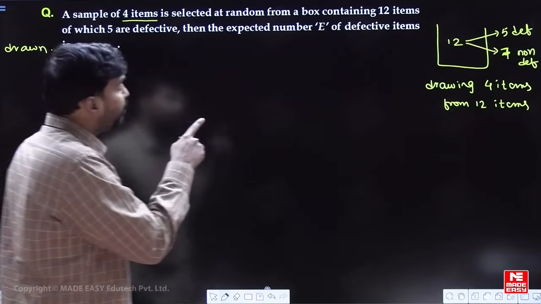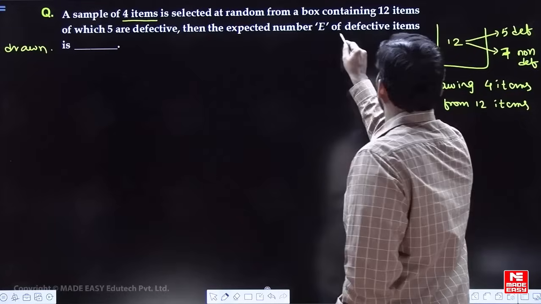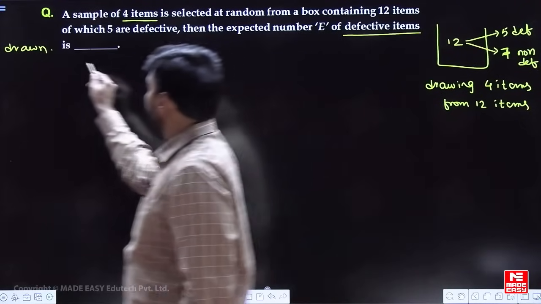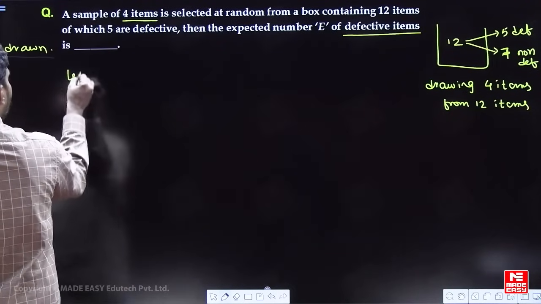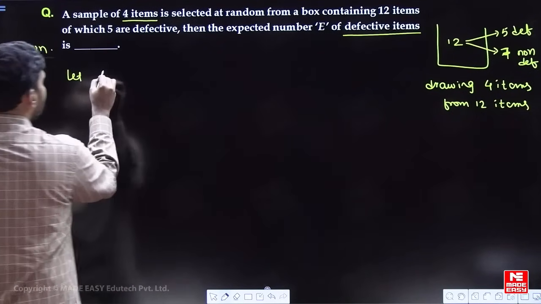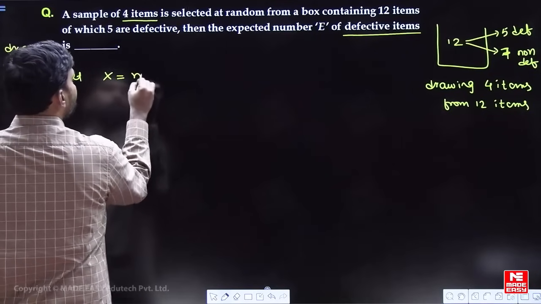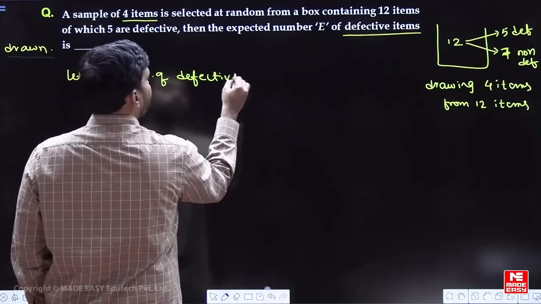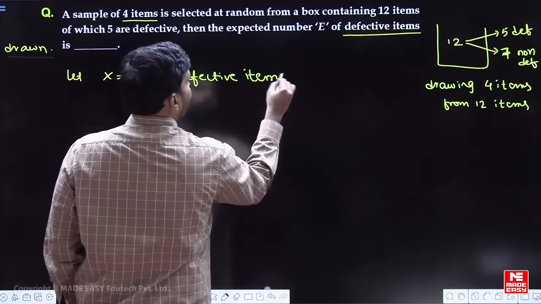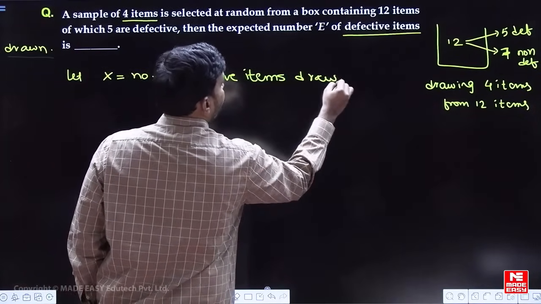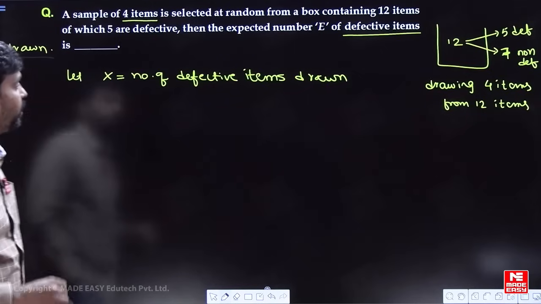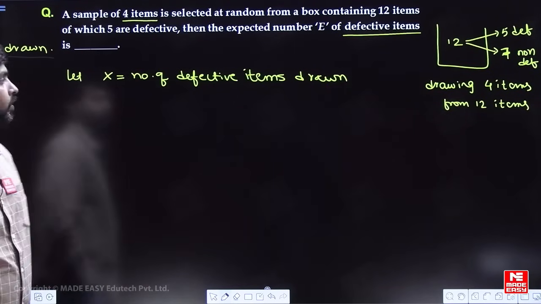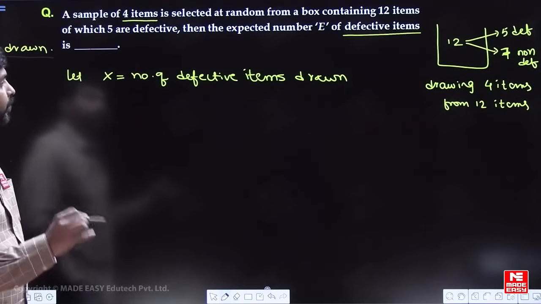So here the random variable is the number of defective items drawn, right? Therefore, according to the experiment, we define the random variable as the number of defective items drawn.